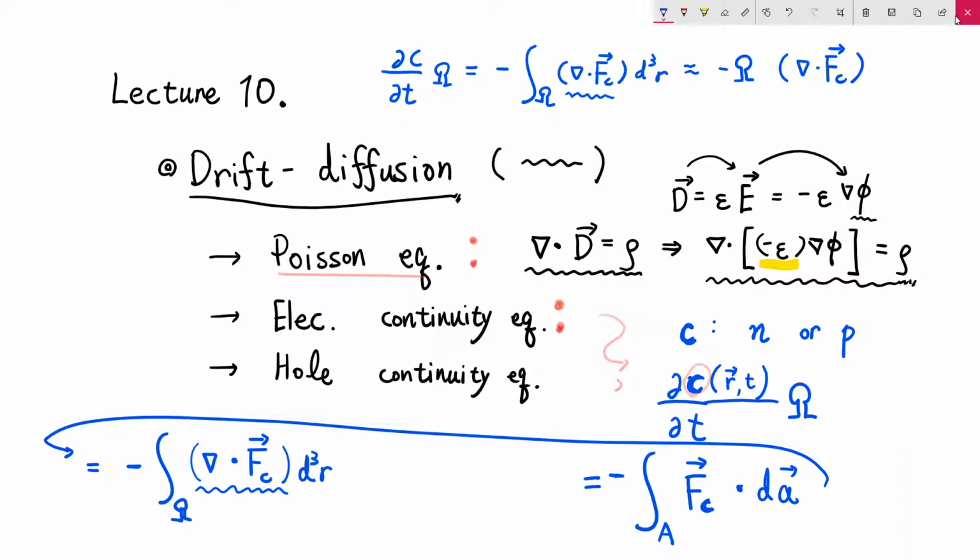So by eliminating omega from both sides, we can find the final form like this. The time derivative of our carrier density is simply given by minus the divergence of our carrier flux. That is the general form of our continuity equation, both for electrons and holes.